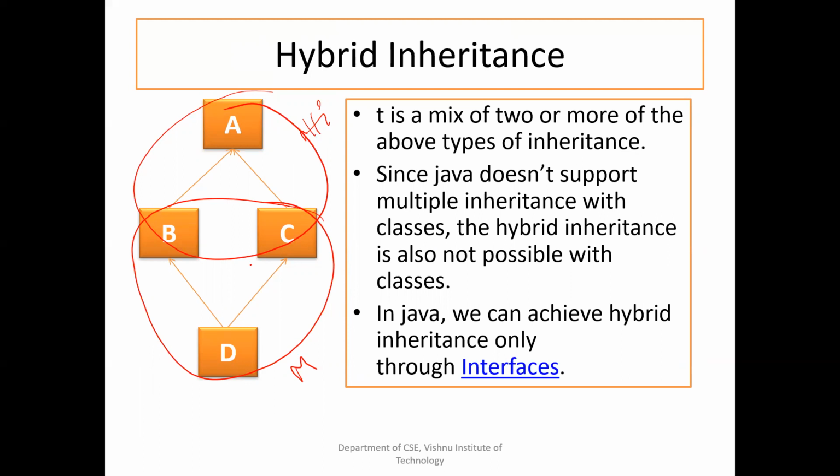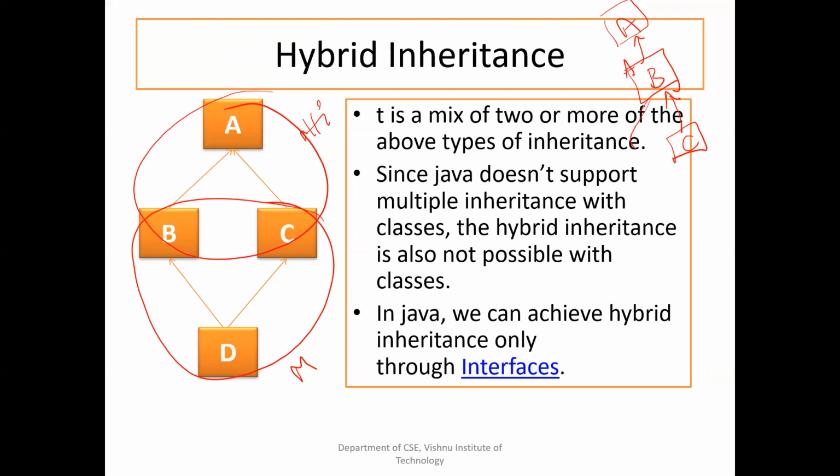Some kinds of hybrid inheritance are possible by classes. See, I'll draw a picture here. There is a class A, and a child B is there, and one more child C is there. So this is a hierarchical inheritance.